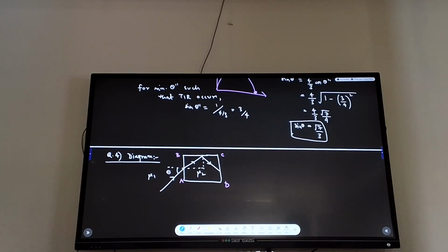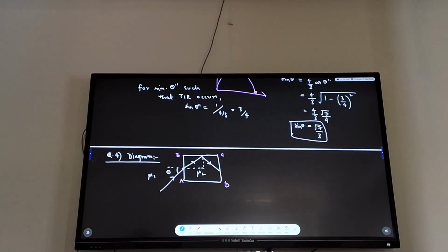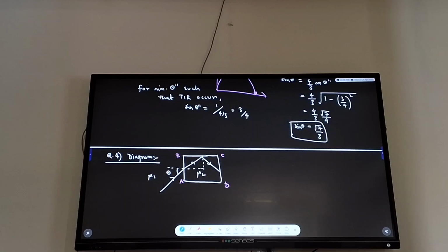Eta is not sign equals to. Yes, I think that's correct. Under root mu2 square by mu square. Correct.